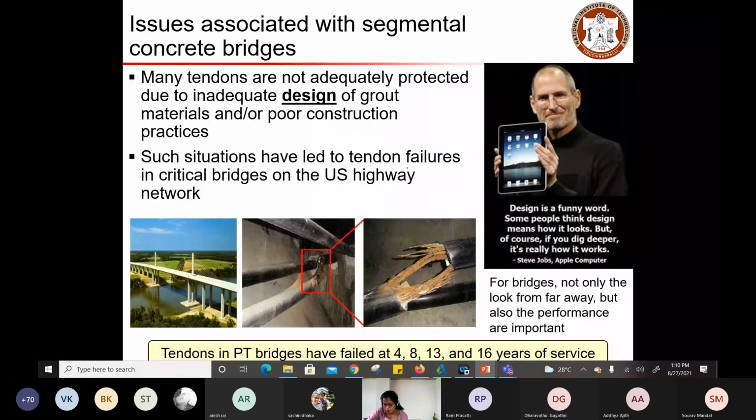Such situations have led to tendon failures in critical bridges in the US highway network. For bridges, it is not only the look from far away, but also the performance that plays a role to ensure serviceability. And many bridges failed at a relatively young age of about 4, 8, 13, and 16 years of service.